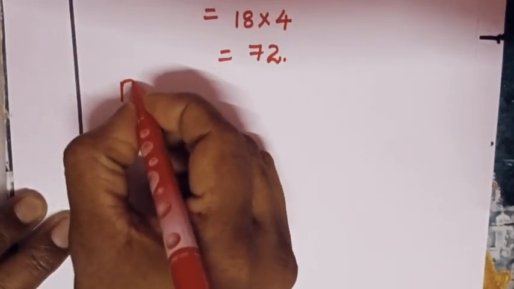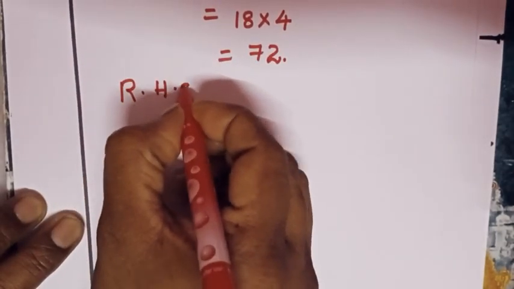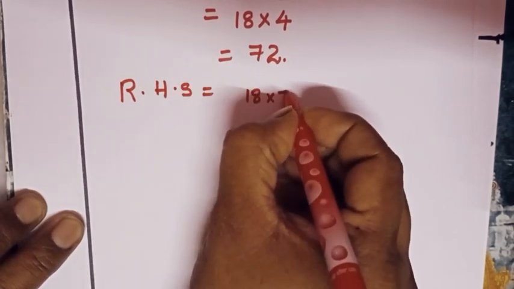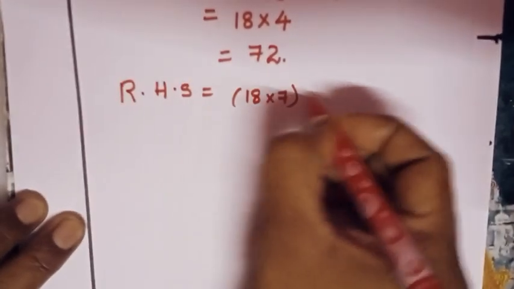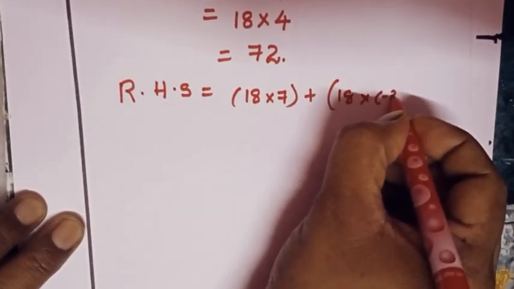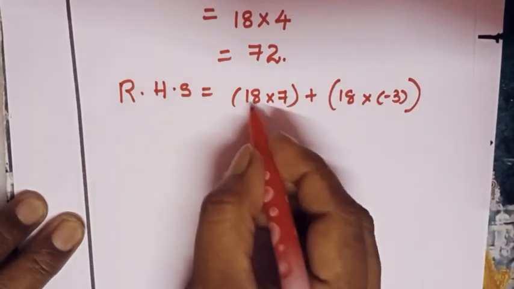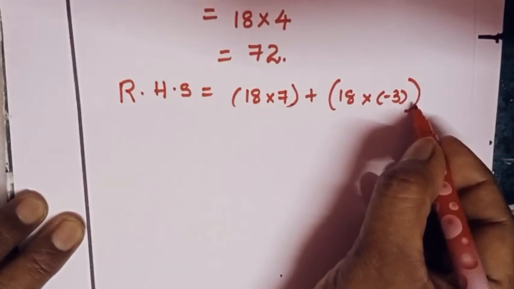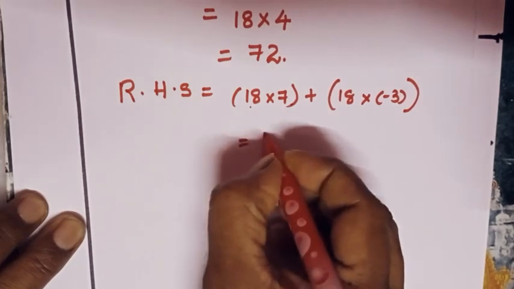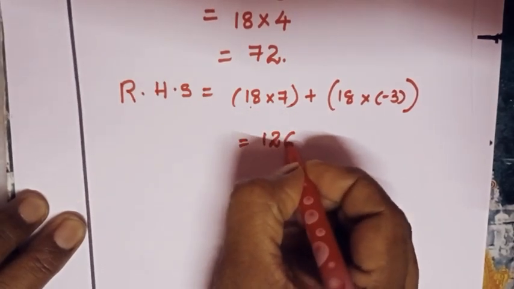Now, let us take RHS, that is right hand side. 18 into 7 plus 18 into minus 3. So, we have to multiply separately. What is 18 sevens, children? 126.